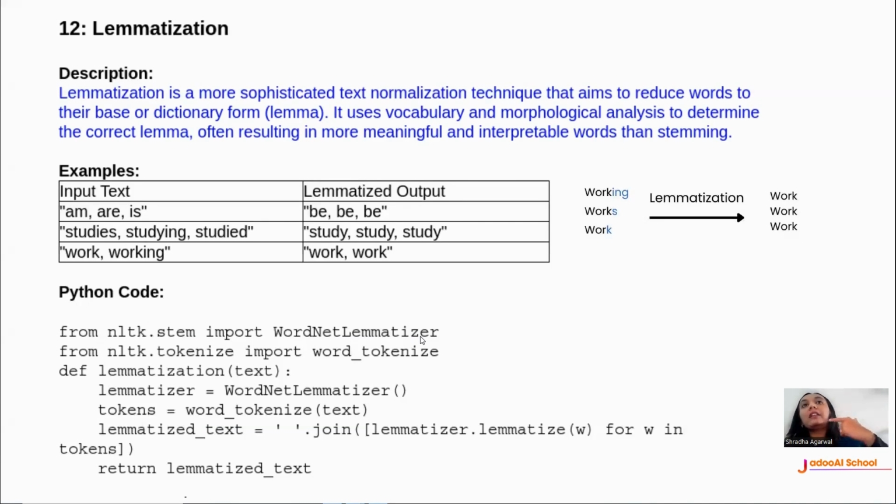In the same way we want the machine to understand. To do that, lemmatization corrects the grammar. So if you have text with the verb working, works, or work, it brings it directly to work. That means ultimately lemmatization is bringing your words to their main word.